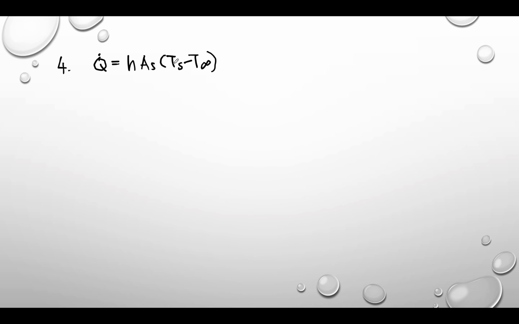Now we already determined the values for h and As. As is pi D L. Now we do not have any value for L. The question does not state the length of the steam pipe.